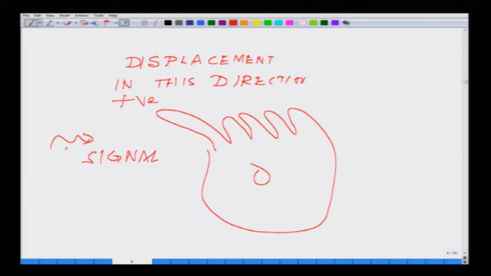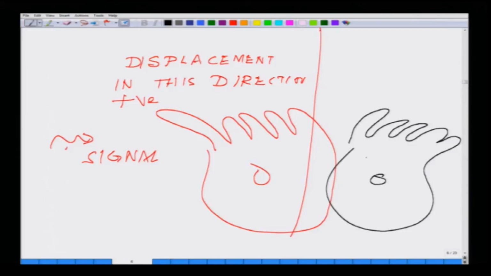And if the displacement is in the other direction, something like this, this is a negative signal, or this is inhibition, and this is excitation.